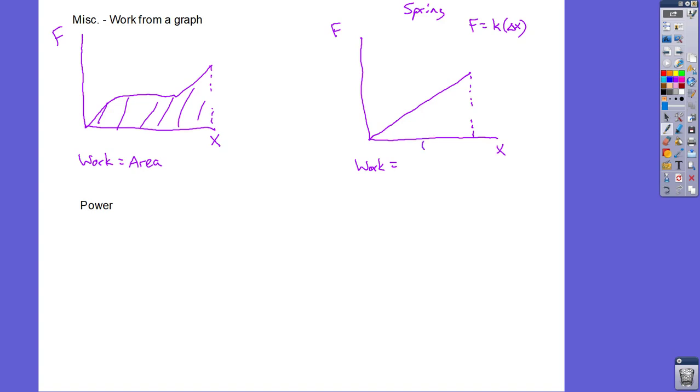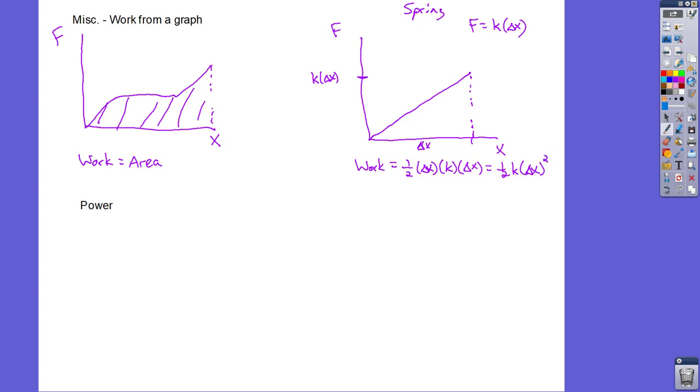This is delta X right there. This distance is equal to the force, which for this spring is equal to K times delta X. The area of a triangle is 1/2 base times height. So you have 1/2 times delta X times K delta X, where you get 1/2 K delta X squared.